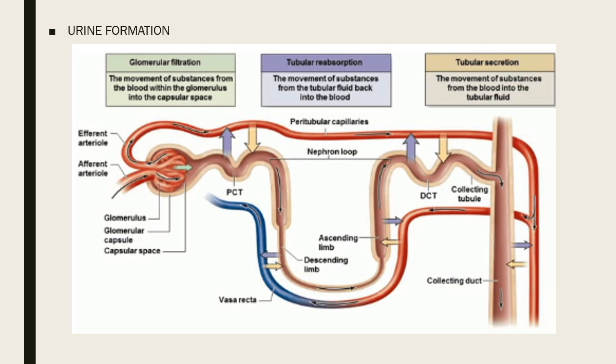Again, urine formation involves three steps. First is glomerular filtration. The requirements here are a molecular weight of less than 70,000 daltons, a negative or neutral charge, and of course the net filtration pressure.